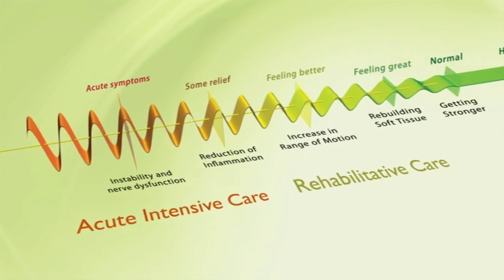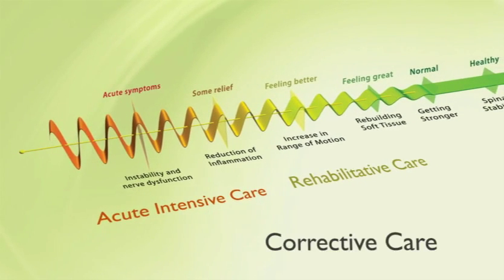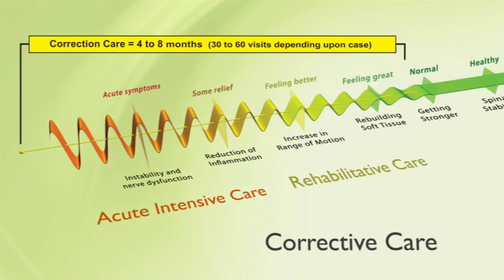These 2 phases of care together are what we call corrective care. The great news is that this process can now generally be accomplished in 4 to 8 months and in as little as 30 to 60 visits in most cases, far outpacing the rate which dental correction can be achieved.